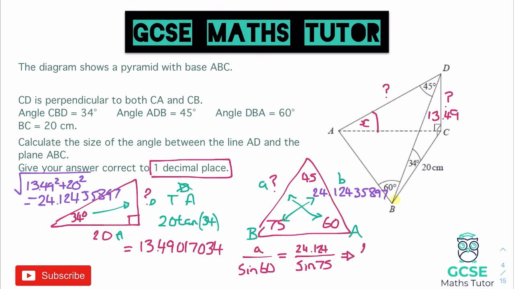I'm going to type it all in one go, so I'm going to write 24.124, again using the full number that's still on my calculator, multiplied by sine 60. I'm going to divide that all by the sine 75. So if I type that into my calculator, I already have that 24.124, so I'm going to type answer sine 60 all over sine 75.